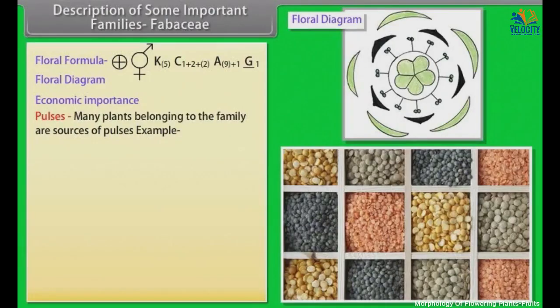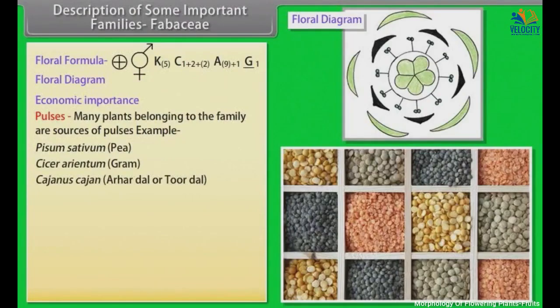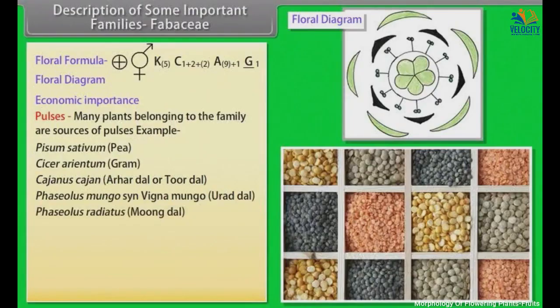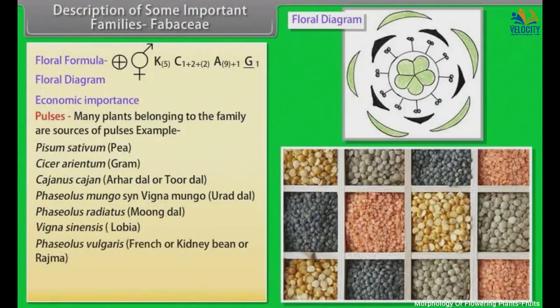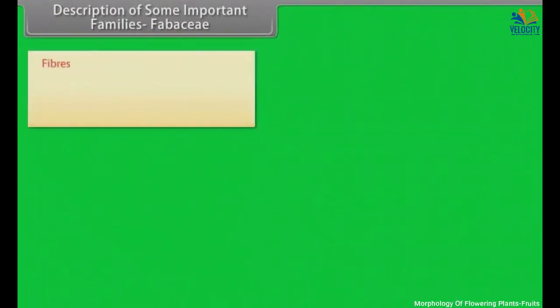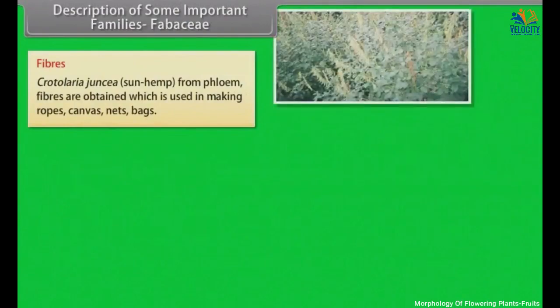Example: Pisum sativum, pea; Cicer arietinum, gram; Cajanus cajan, arhar dal or tur dal; Phaseolus mungo, urad dal; Vigna mungo, urad dal; Phaseolus radiatus, mung dal; Vigna sinensis, lobia; Phaseolus vulgaris, French or kidney bean or rajma; Lens esculenta, masoor dal; Lathyrus sativus, khesari dal. Fibers. Crotalaria juncea.